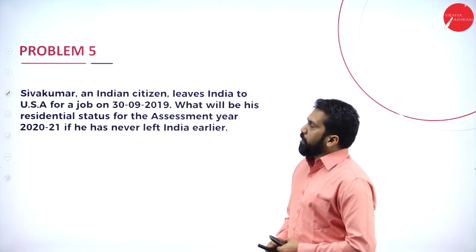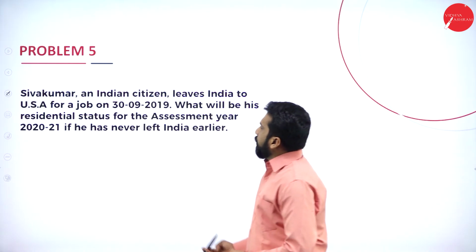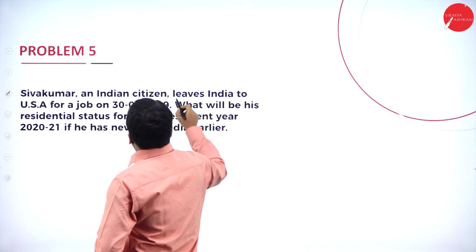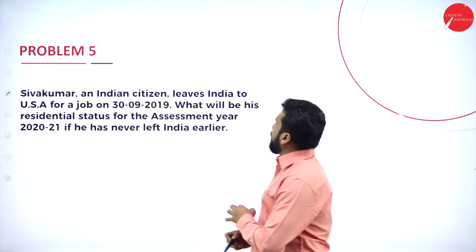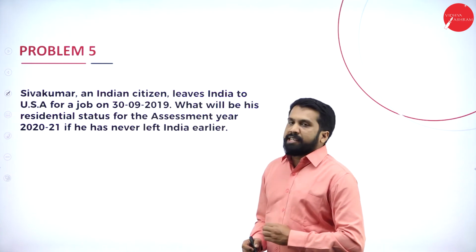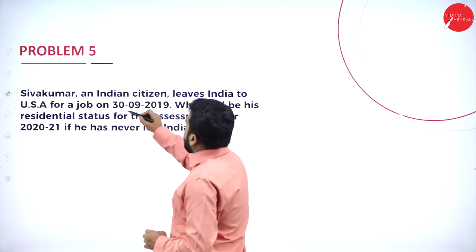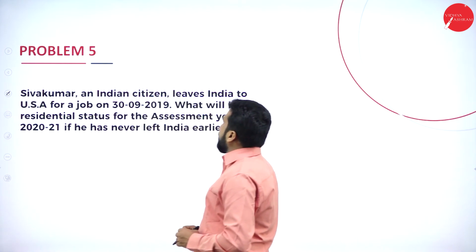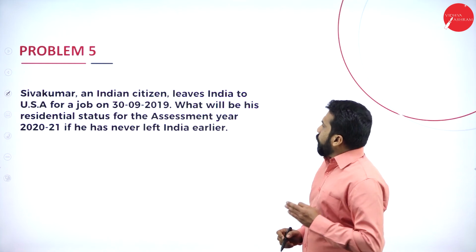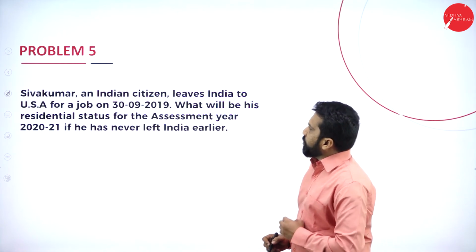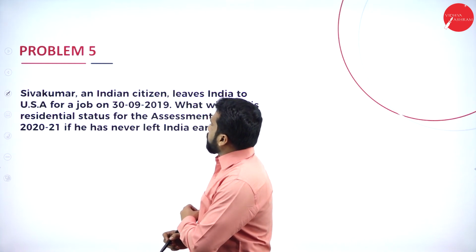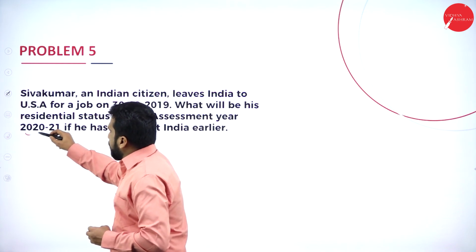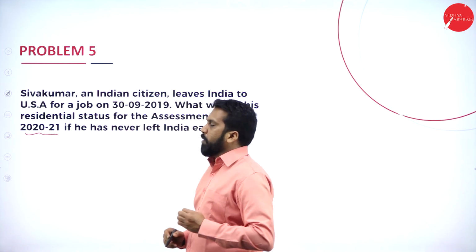Now, this is your problem number 1. Shivkumar, an Indian citizen, leaves India to USA for a job on 30th September 2019. What will be his residential status for the assessment year 2020 and 21?